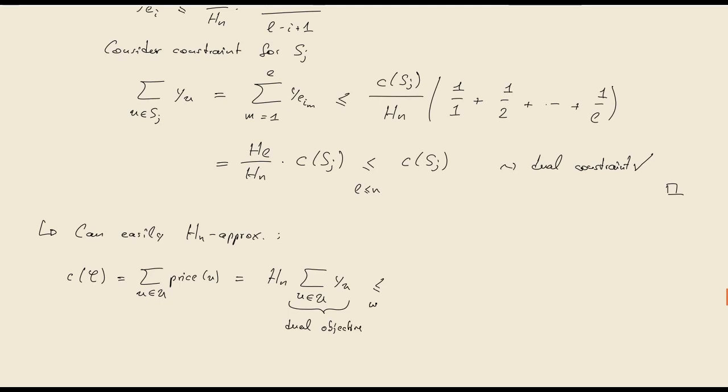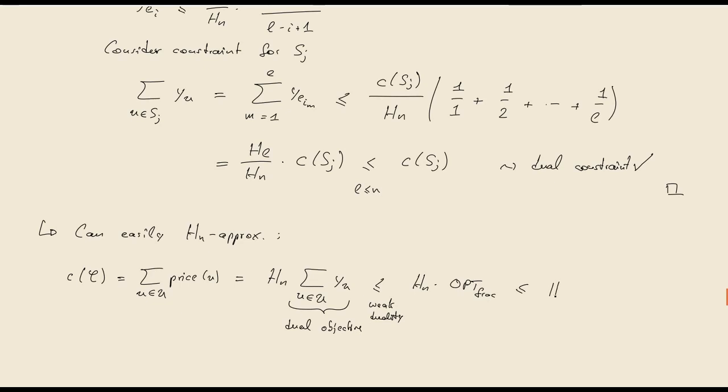So by weak duality, the dual objective is a lower bound for the primal objective. And this is what we called opt-frac, because it's the optimal objective value for the fractional version of the ILP for set cover.